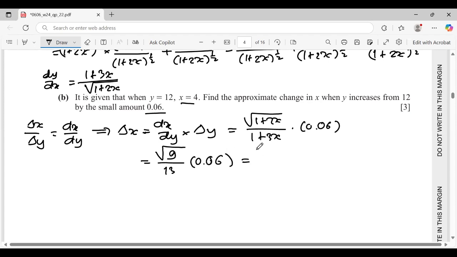This is 3 over 13 times 0.06. If you calculate, the result is 0.18 over 13, and this is 0.01385.